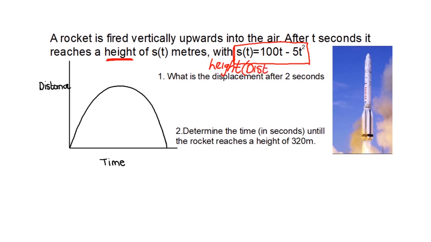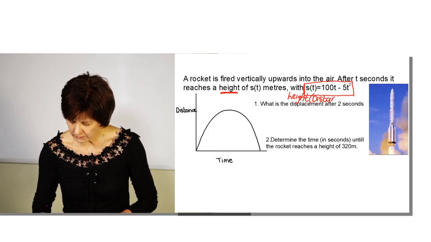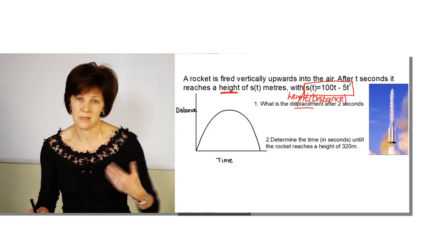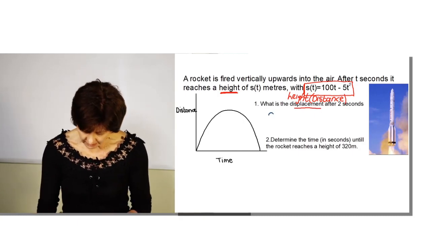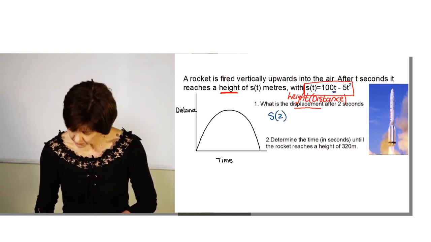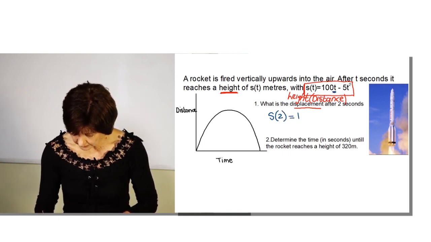The first question is, what is the displacement after 2 seconds? Well, the displacement is the distance. In this case, it's the height, it's all the same thing. So the displacement will be described by s, and they want to know after 2 seconds.